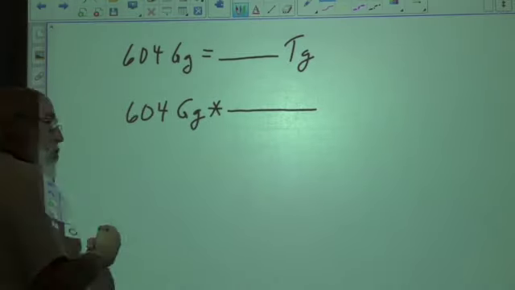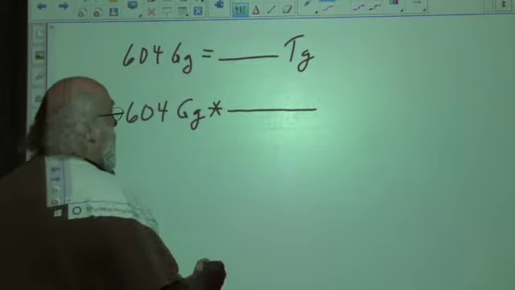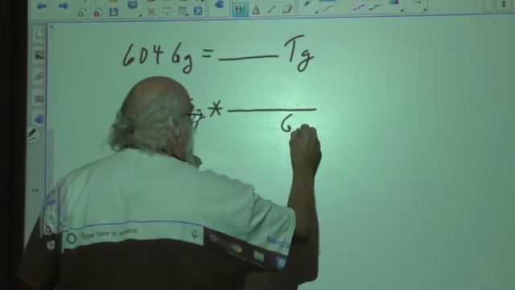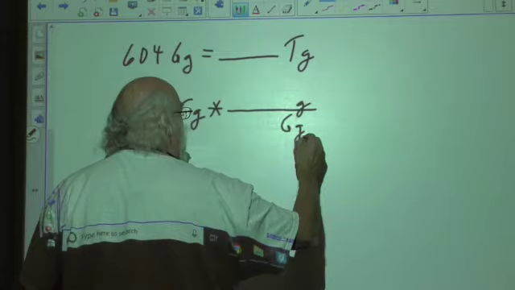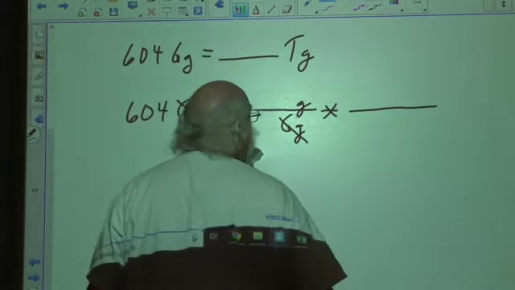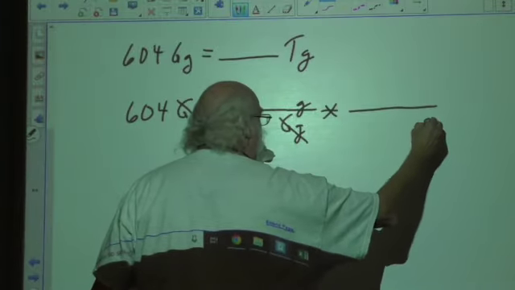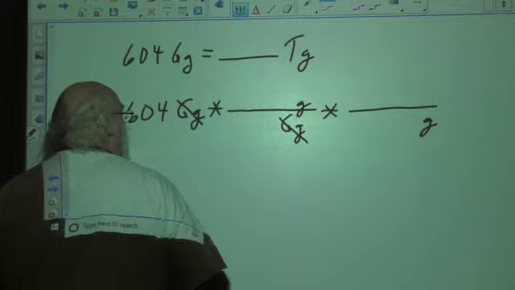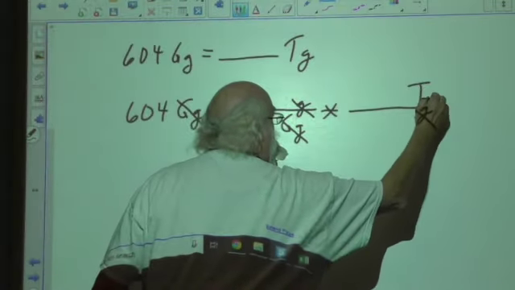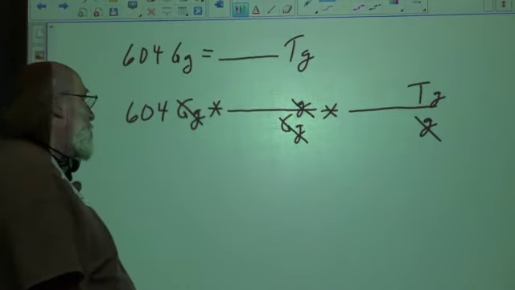Now again, there is no conversion for gigagrams to teragrams, so we have to change the gigagrams to the base unit they both have here, which is the gram. Gigagrams cancel out. Then you put the grams in here at the denominator, and you're going to cancel those out, and that gives you teragrams on top. So everything works out fine there.